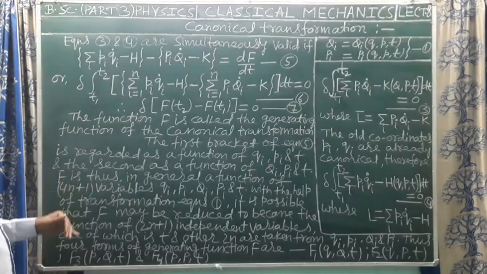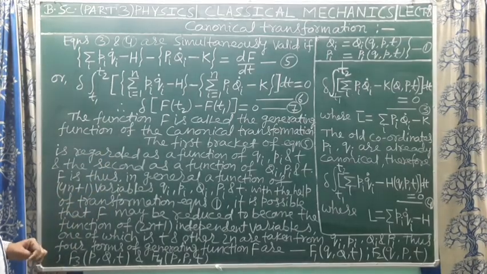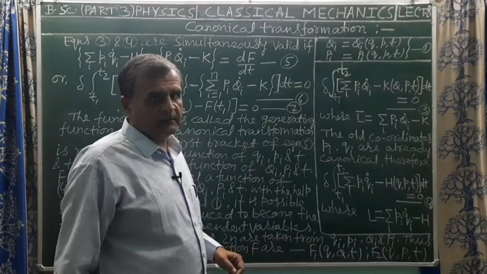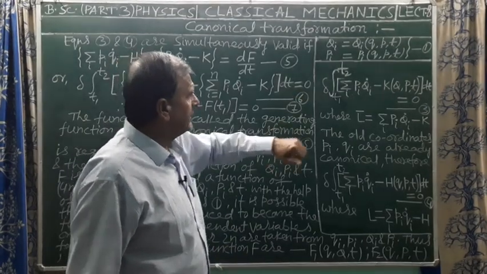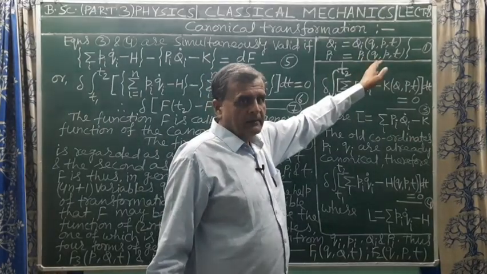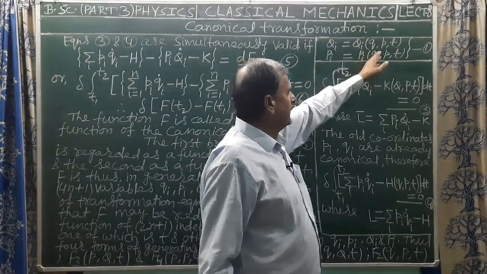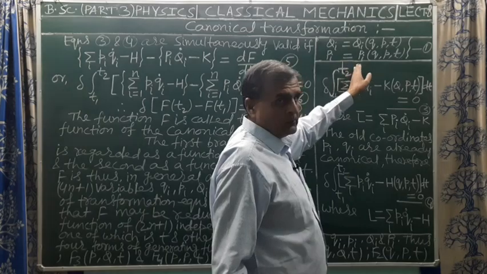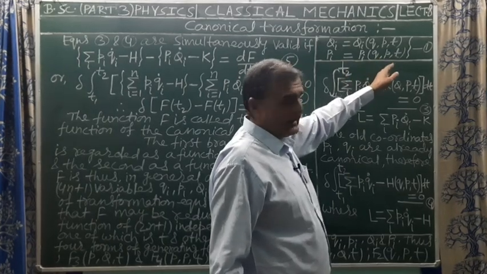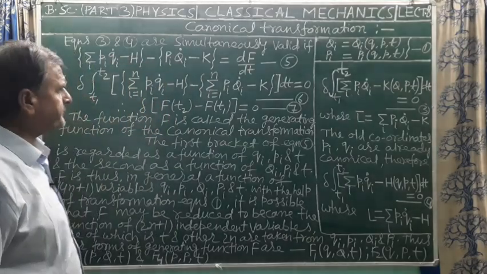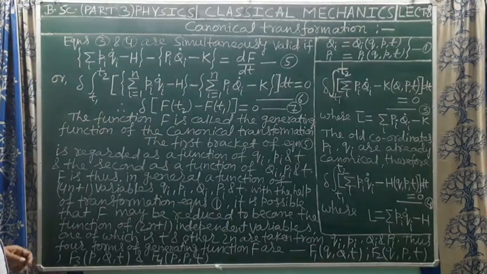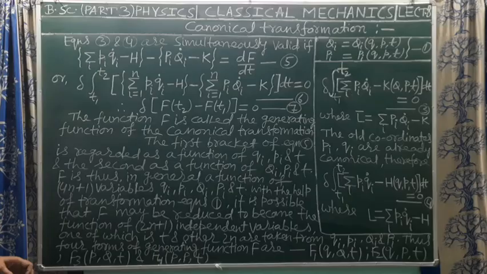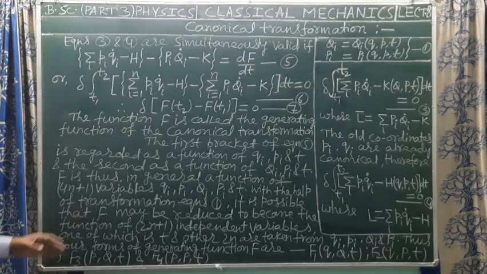That is, the generating function capital F is in general a function of 4n plus 1 variables, but with the help of the transformation equations given by equation 1, that is capital Qi is equal to Qi as a function of q, p and t, and capital Pi is equal to Pi as a function of q, a small p and t, the 4n plus 1 variables can easily be reduced to become a function of 2n plus 1 variables.